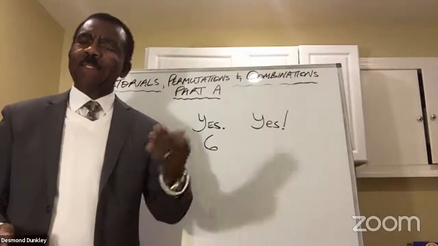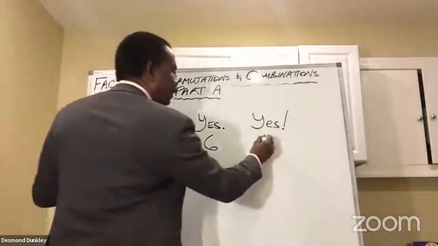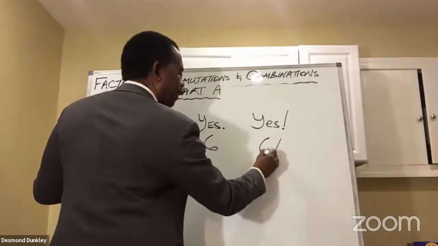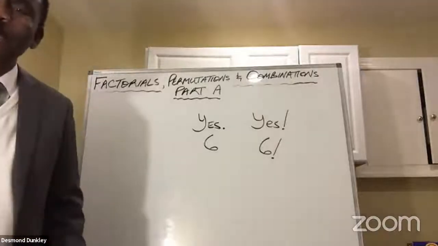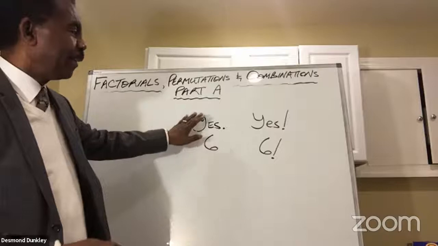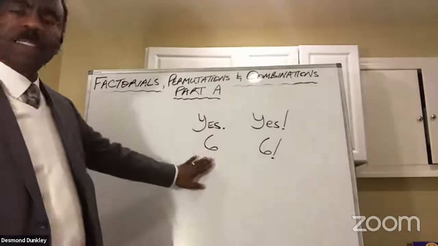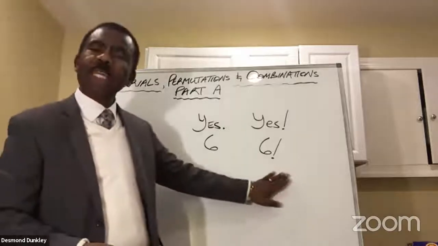You would say 6. But then if I ask you, how do you read this? I wonder what you would say. This is yes, but this is yes with emphasis. This is 6. So how would you say this?